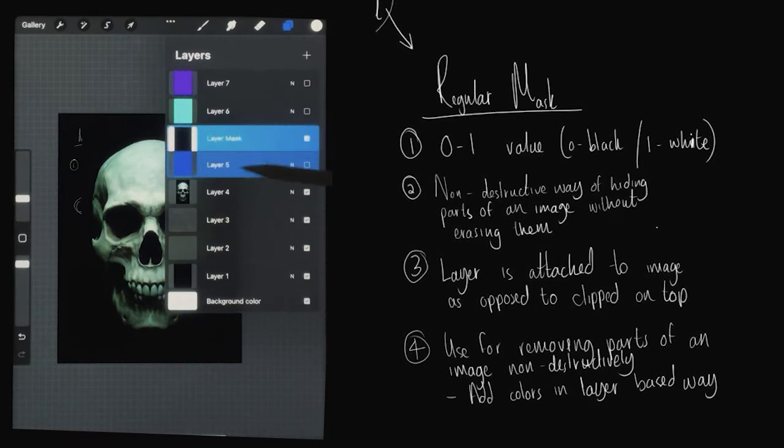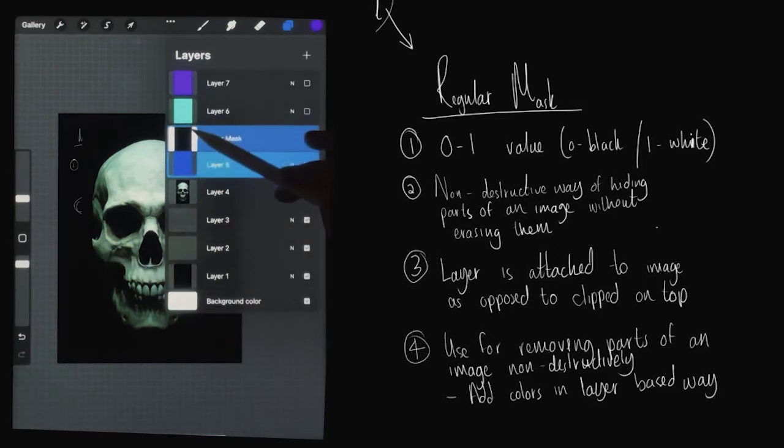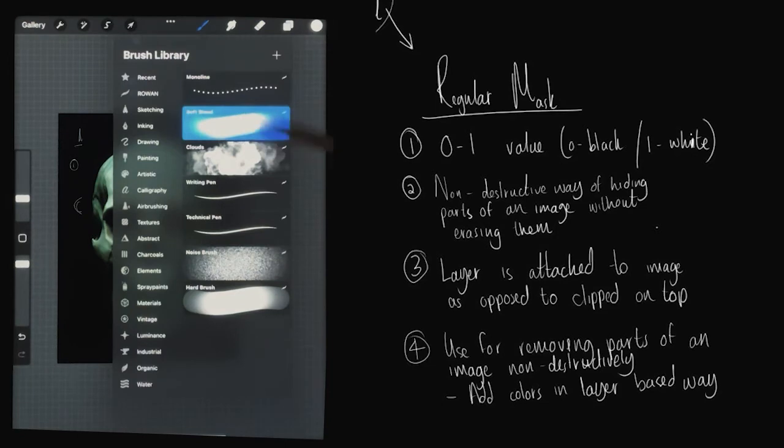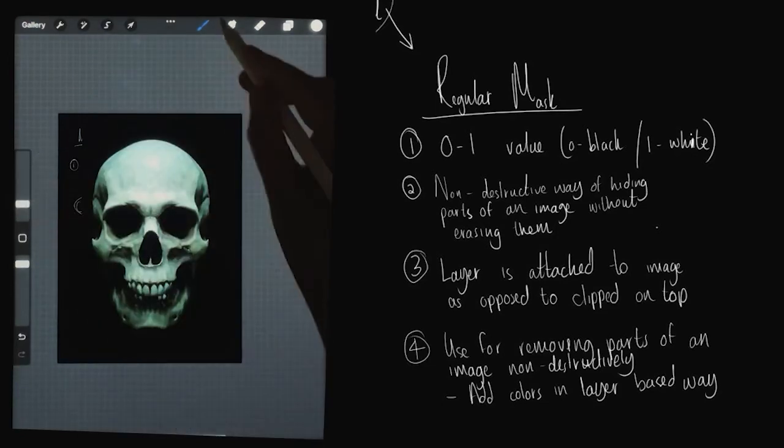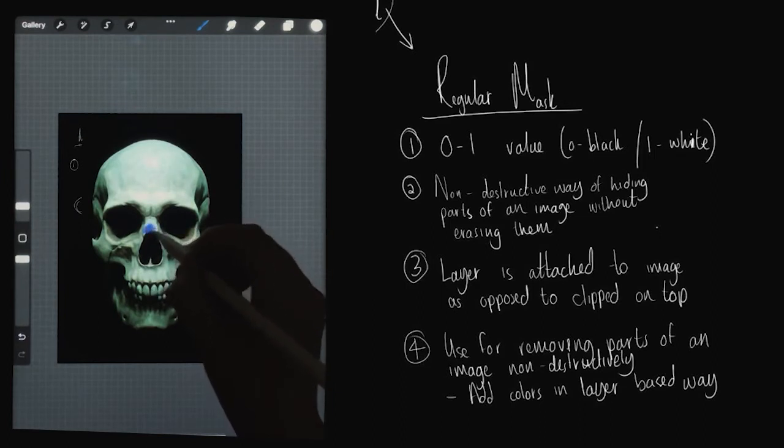So when you turn this on, you can't see it anymore. Then what you can do is click on this and click on your paintbrush, and now you can paint with it. So say you do a little bit of blue over here around the eyes.